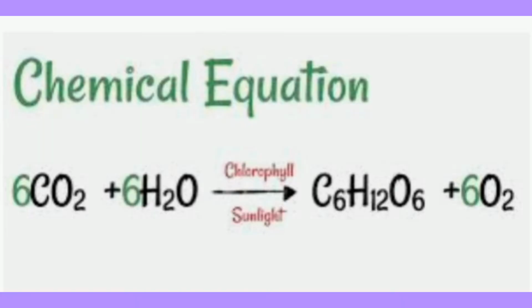The whole process of photosynthesis can be written in the form of a chemical equation: 6CO2 plus 12H2O in the presence of chlorophyll and sunlight gives C6H12O6 (glucose) plus 6O2 plus 6H2O.